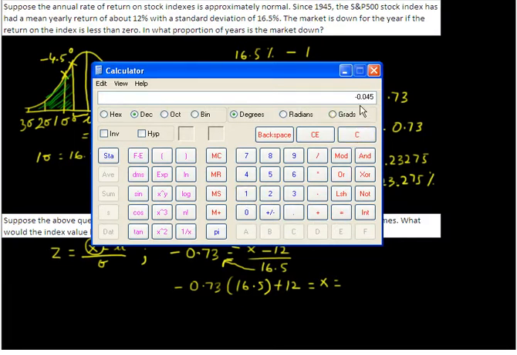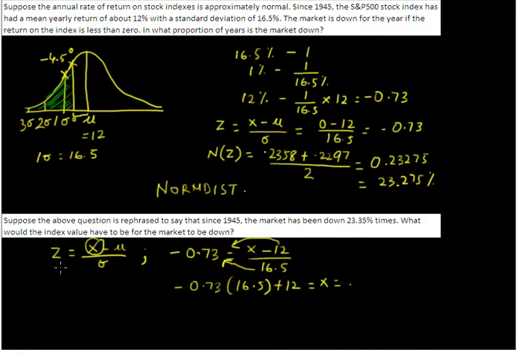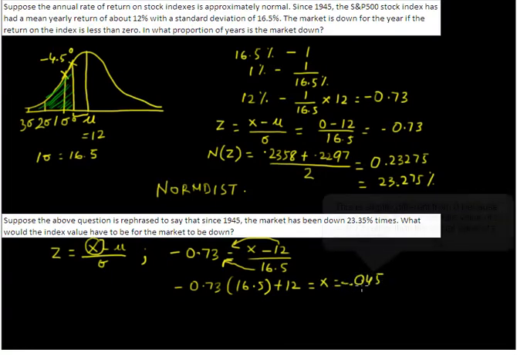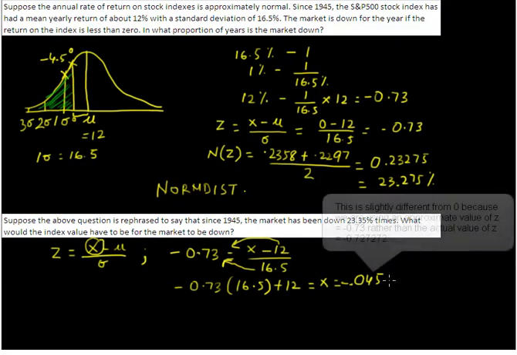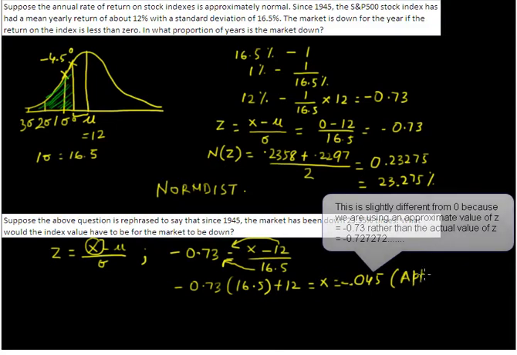So what we get here is minus 0.045. Let us write that here. Which is a little bit away from 0. So we can say it is approximately 0. And the little difference that you see is probably a rounding off error.